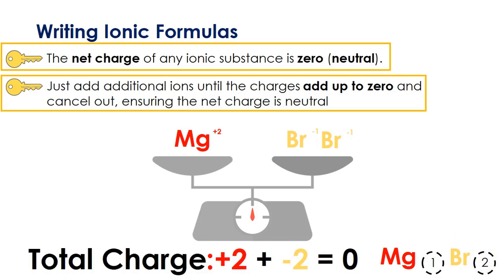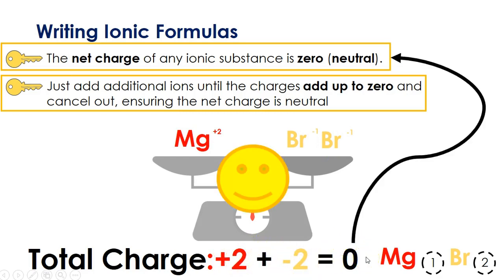Since we only have 1 magnesium, and that magnesium has a +2 charge, and we have 2 bromines, so this -1 and this -1 equals -2, you can see that this +2 cancels out with our -2 and ultimately leaves us with a charge that is neutral, meaning the charge cancels out and adds up to 0. So these would be the proper subscripts that we need. We need 1 magnesium for every 2 bromines.